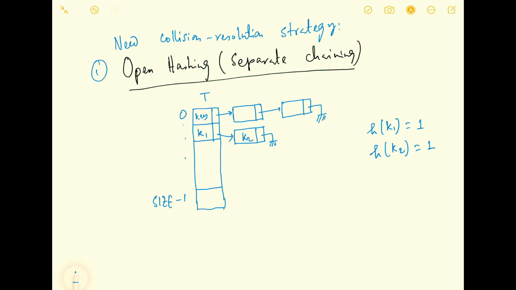So whenever there is a collision, I append to the linked list. This strategy is called open hashing or separate chaining.